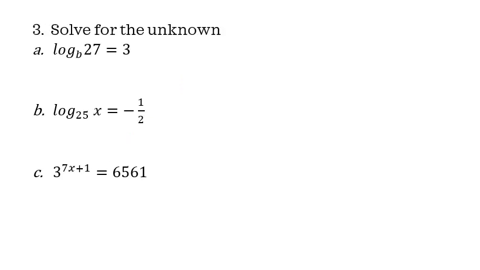Now let's solve for the unknown. Let's start with a. So a, we have log 27 base b equals to 3. So with this, we cannot directly input it to our calculator, or we can already know the value of b. So by this, we need to convert it to an exponential form.